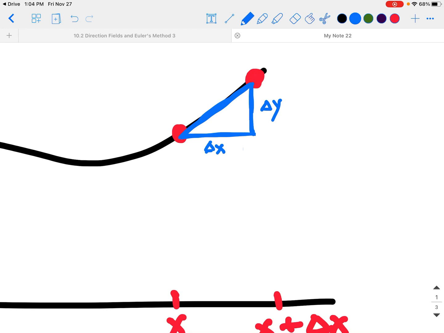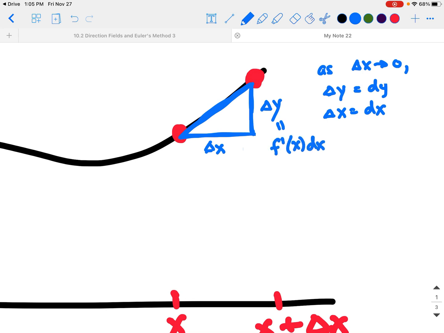So this is just some finite length that we've chosen here, but we're going to shrink this triangle down so that the triangle is essentially 0. And so what we end up with is as delta x goes to 0, delta y becomes dy, and delta x becomes dx. But delta y, if it becomes dy, is the same as or equivalent to f prime of x dx.